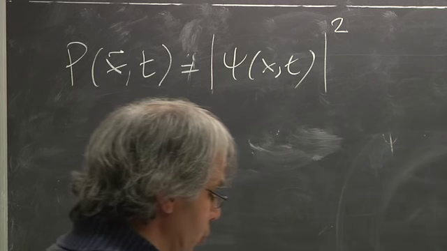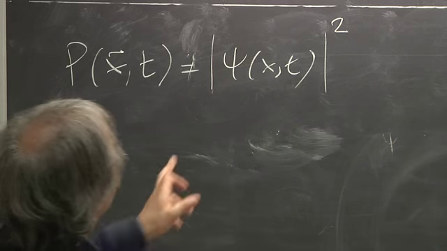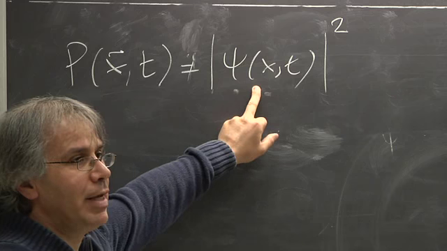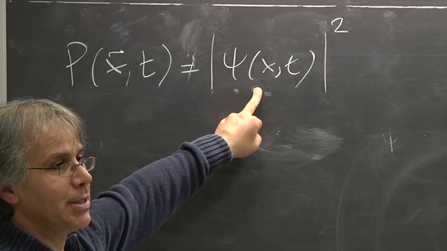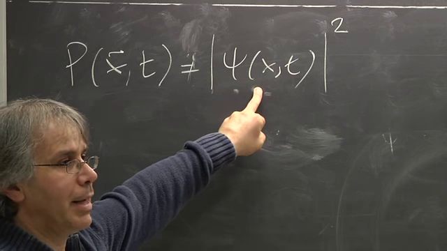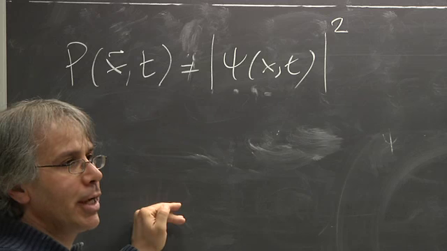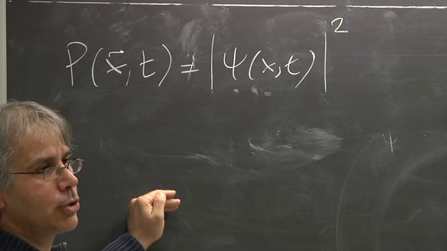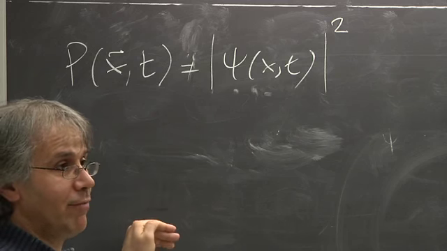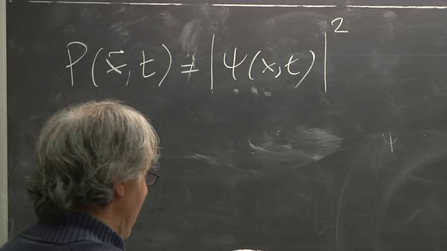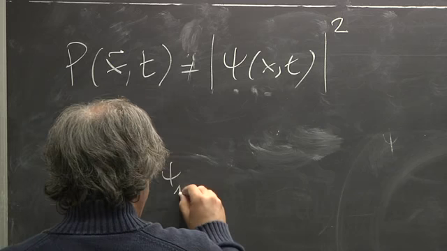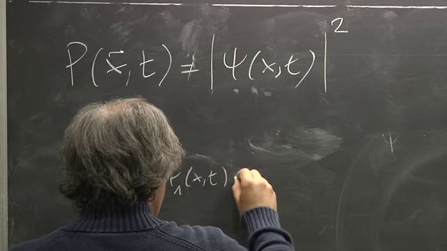And notice also that this fact already embodies a very curious characteristic of quantum mechanics. At the level of the Schrodinger equation, it looks like a wave equation, and you can superimpose waves. So you can have, for instance, a wave psi 1 and a wave psi 2.